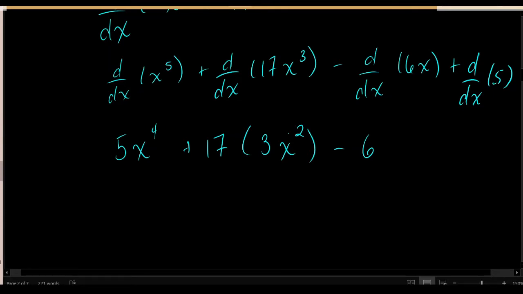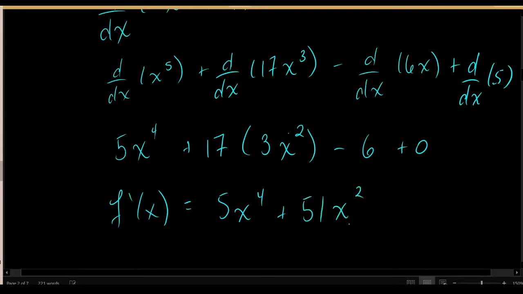And yesterday we saw that if you take the derivative of a constant function, the result is 0. So after just a little bit of simplification, our derivative of this polynomial is 5x to the fourth power, plus I think 51x squared minus 6. And that's it.